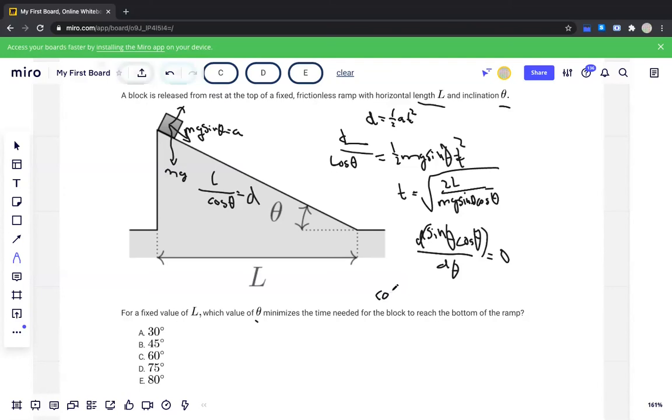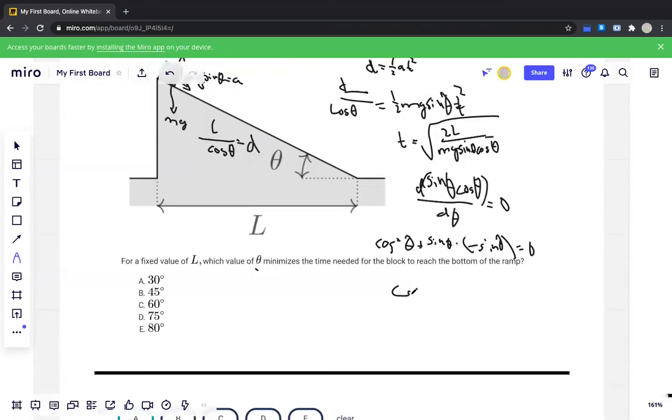So cosine theta times cosine theta is cosine squared theta plus sine theta times the derivative of cosine theta with respect to theta, which is negative sine theta, and this is equal to 0. So this means that cosine squared theta is equal to sine squared theta, or cosine theta is equal to sine theta. And this happens when theta is 45 degrees, because cosine of 45 degrees is root 2 over 2, and sine of 45 degrees is root 2 over 2. So our answer is B, 45 degrees.